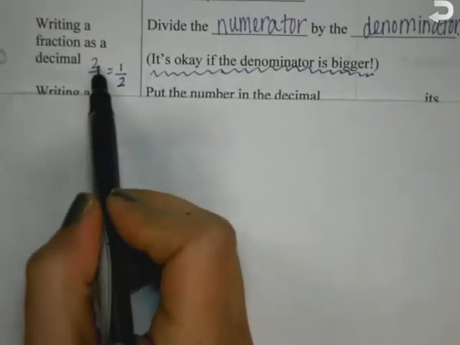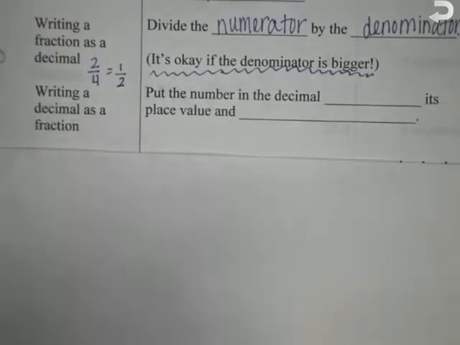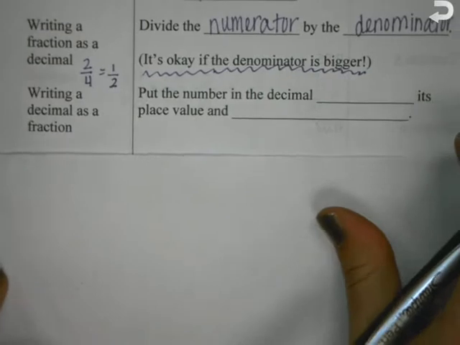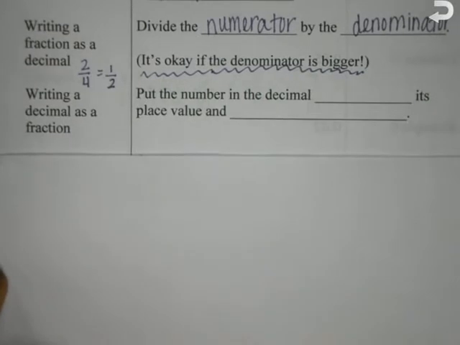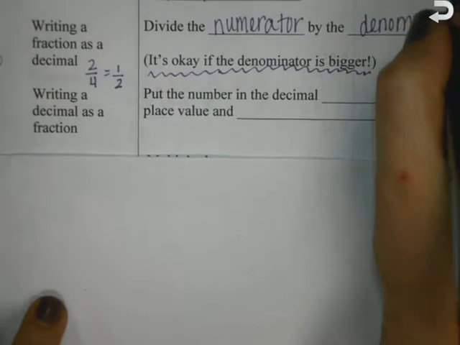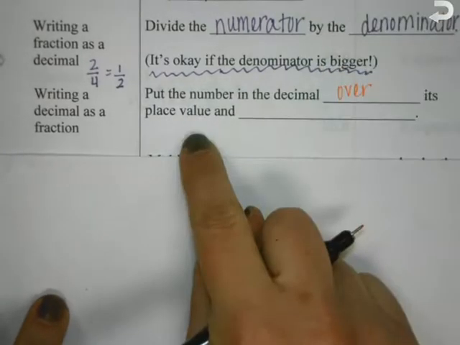Okay, so how do I write a decimal as a fraction? So how do I go the other way? What we are going to do is we are going to put the number in the decimal over its place value and reduce.